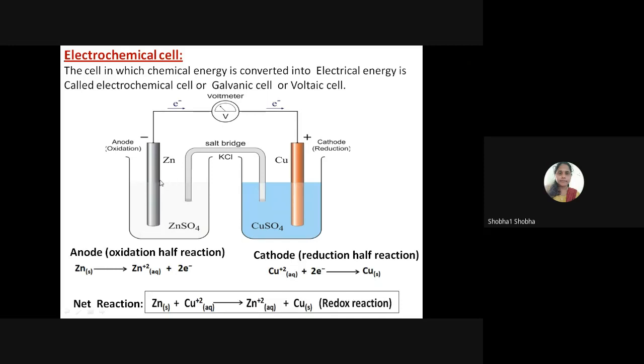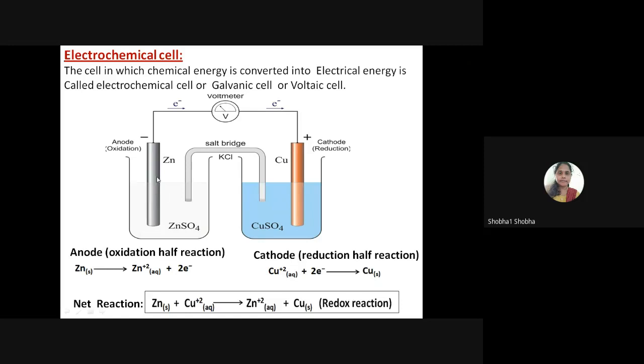See here, when these two are connected through a metallic wire like this, the reaction starts. What happens? Zinc atoms convert into zinc ions and enter the solution as Zn2+.